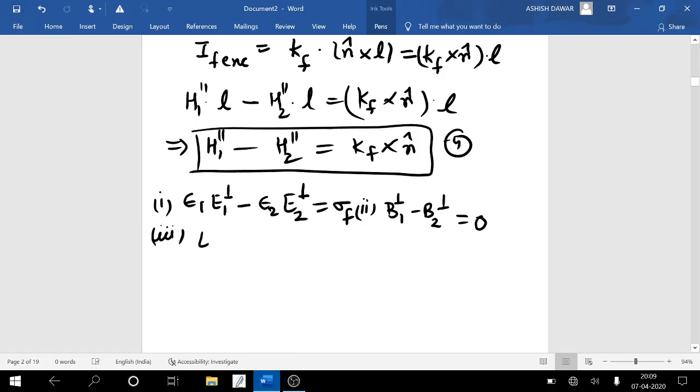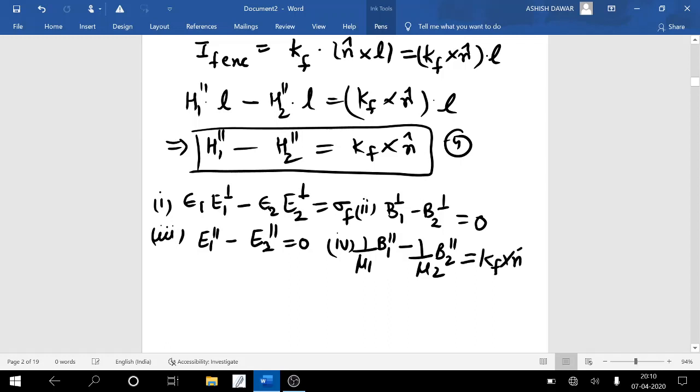Third one, E1 parallel minus E2 parallel equals 0. Fourth, 1 upon mu1 B1 parallel minus 1 upon mu2 B2 parallel equals Kf cross n cap.